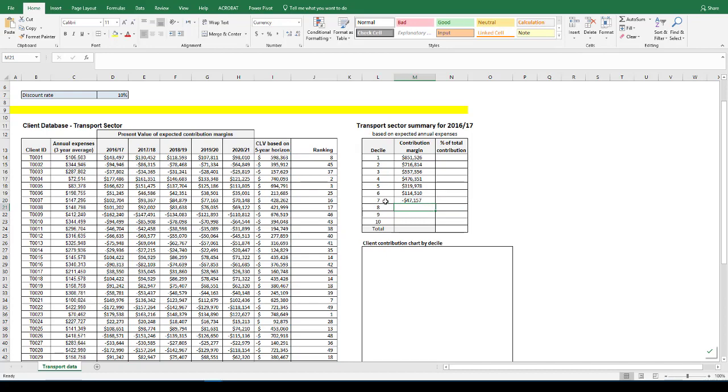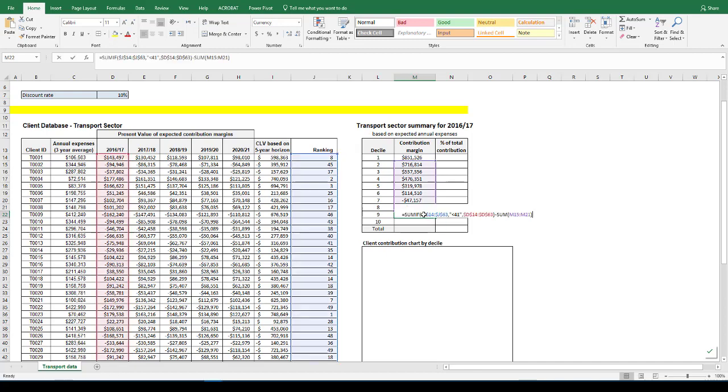Yes, you can see that from decile number 7, the contribution margin becomes negative. So let's see what will happen, whether it gets worse or better. So instead of 36, 41, you can see that I put 5 each time, and this much, yes, minus 243,000.